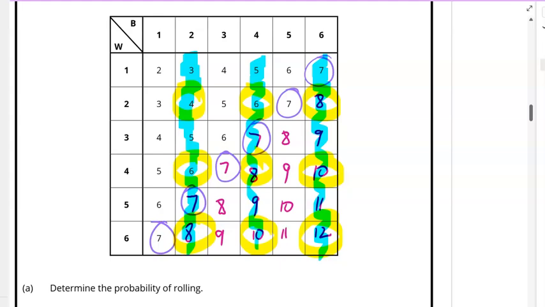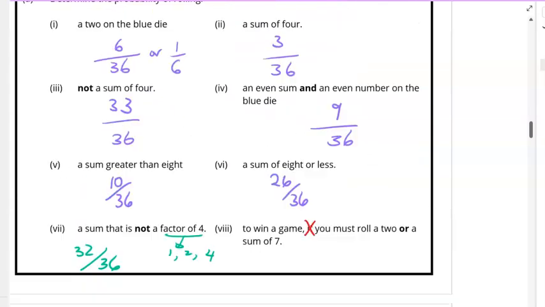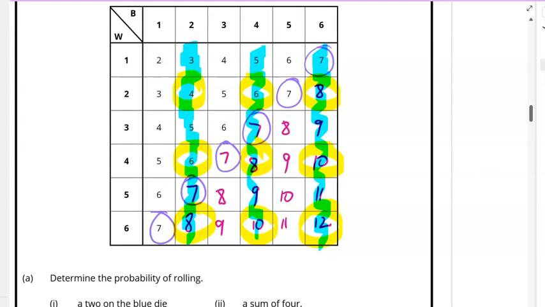So rolling a 2 or a sum of 7. Now I'm assuming that's not a sum of 2. That's just rolling a 2. So you can roll the 2 on the blue, you can roll the 2 on the white, and you can roll a sum of 7.